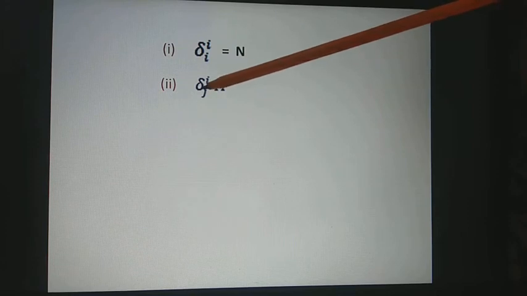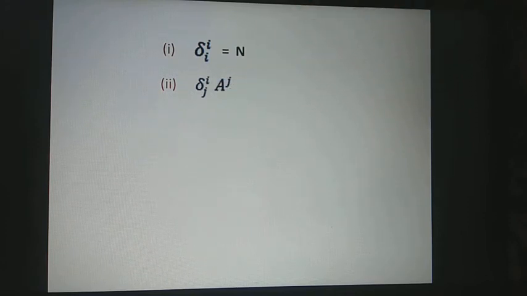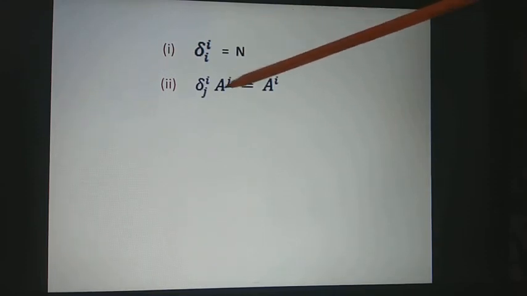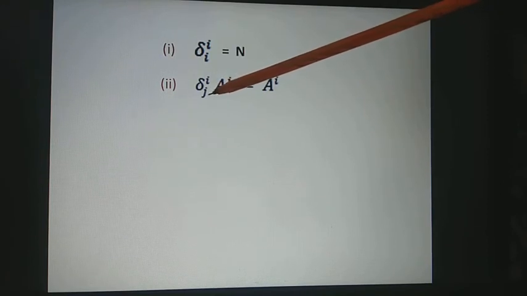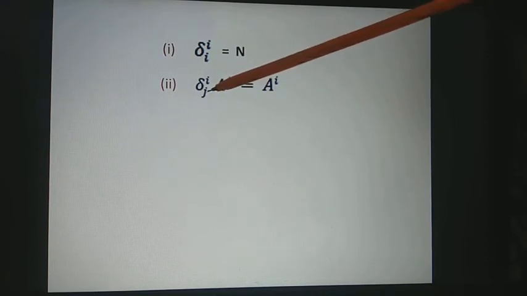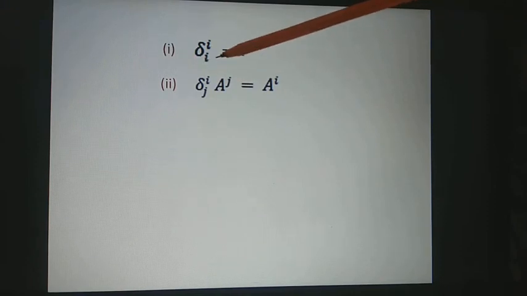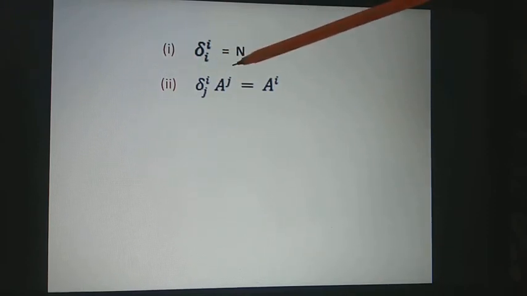Now we summarize these results as delta ii is equal to n. The next result which we have seen is delta ij aj equals to ai. Now how to remember this result? The value of delta ij is 1 for i equals to j, and it is 0 for i not equal to j.